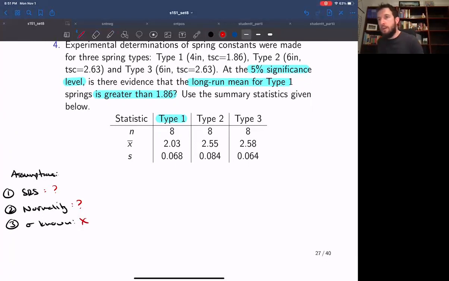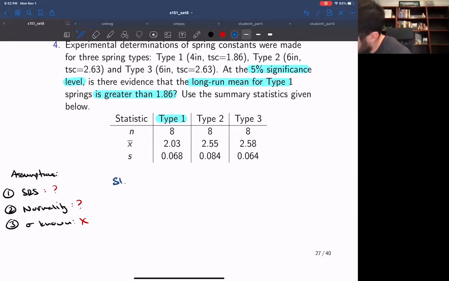Well, in this situation, for the purposes of this class, what we would do is we would finish the problem. When we get to step 6, which is the conclusion, we would then acknowledge that the assumptions need to be checked. So in this situation, because we don't have the assumptions, we're going to make a statement in the conclusion saying we need to verify these assumptions in order for this result to be likely.